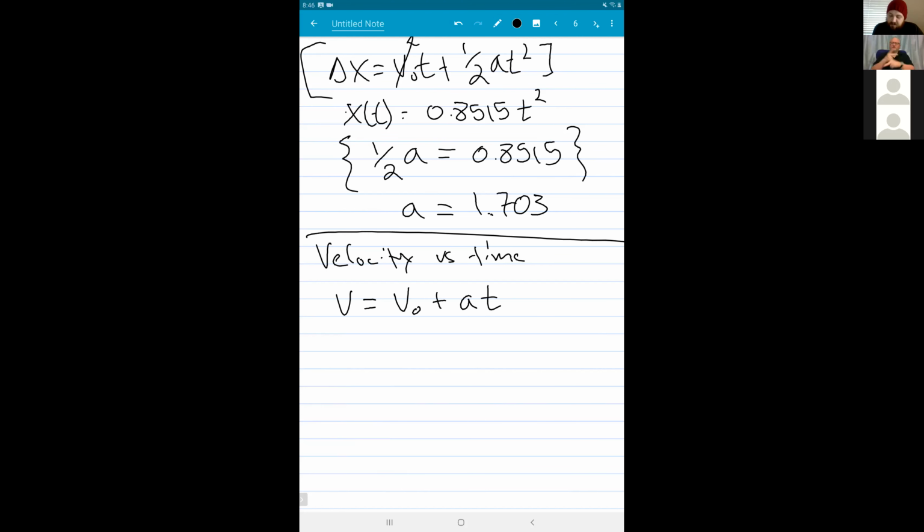So this here is another kinematics equation, another very important one. You can find your final velocity, which is usually what we call this. Your final velocity is equal to your initial velocity plus your acceleration times your time. You start at some initial velocity there. Acceleration times time, that's meters per second squared times seconds to give you meters per second.